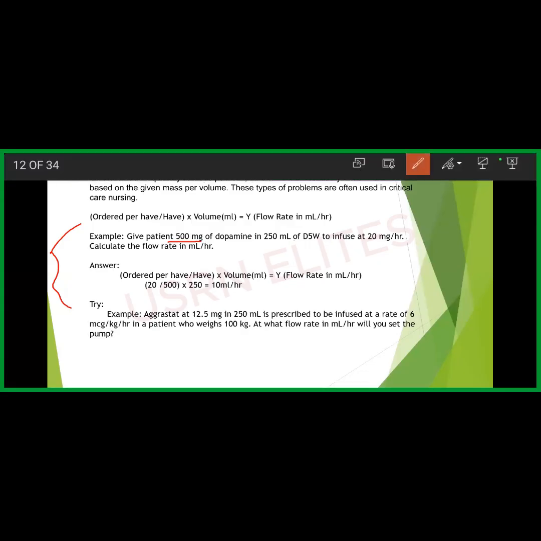So we have 500 milligrams in 250 mils. Good. So let's continue with the question. To infuse at 20 milligrams per hour.